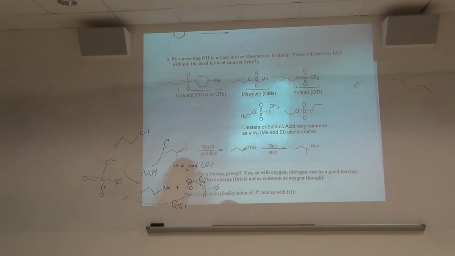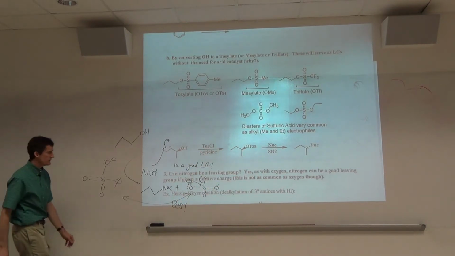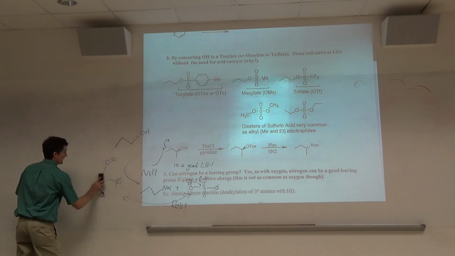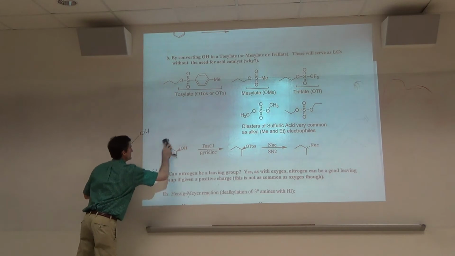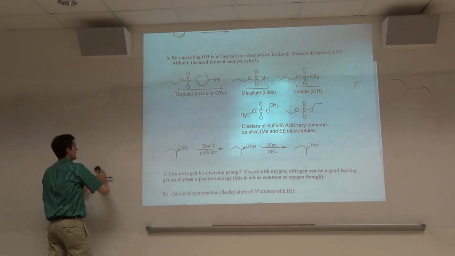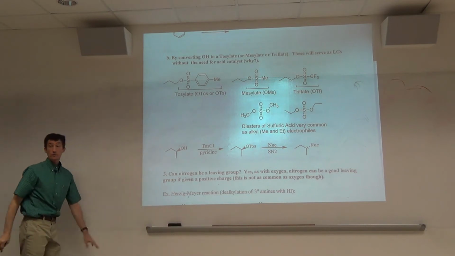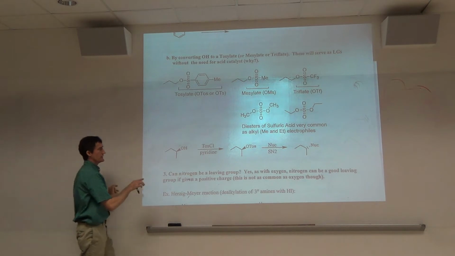Now, how do you make a tosylate? Well, you use tosyl chloride and a base like pyridine. Now, I'm not going to do this mechanism. I could, but we'll do it in organic tubes. But let's show what tosyl chloride is.